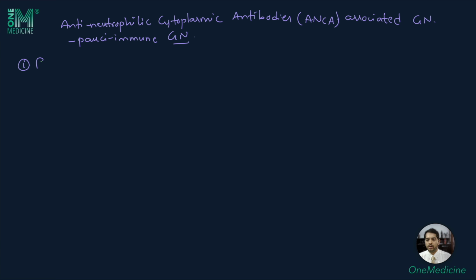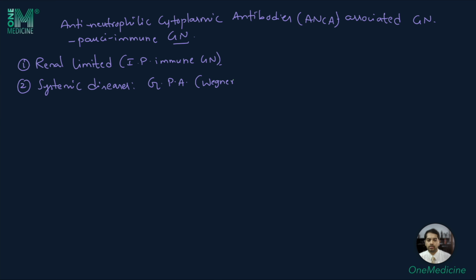These can be either renal limited, also called idiopathic quasi-immune glomerulonephritis, or they can be associated with systemic diseases such as granulomatosis with polyangiitis, previously known as Wegener's granulomatosis, or even be associated with microscopic polyarteritis nodosa.